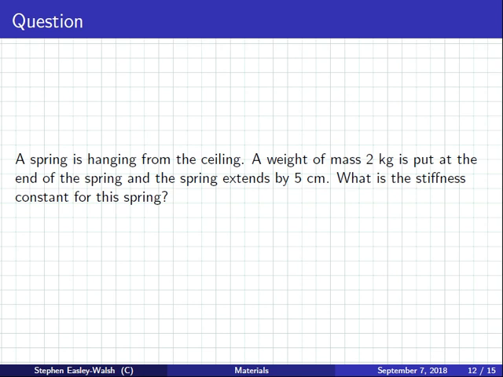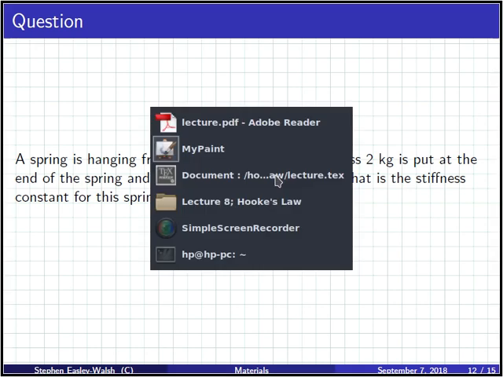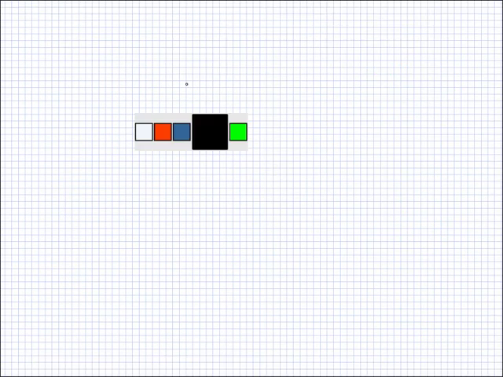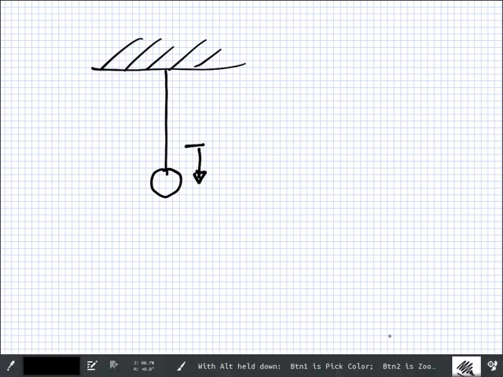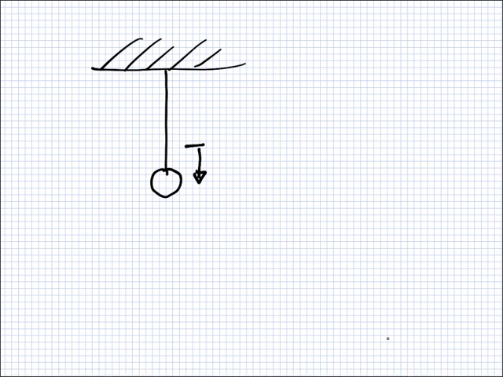Now, a spring is hanging from a ceiling. The weight is 2 kilograms and the spring extends by 5 centimeters. What is the K? So I'll draw the picture for you. Here's the ceiling. This is hanging from the ceiling. And it extends. So you can picture it like you have a spring and then you put the weight on it and then it stretches down.